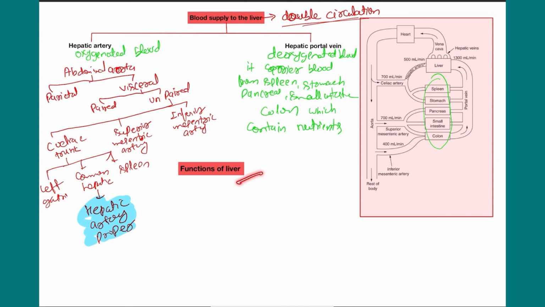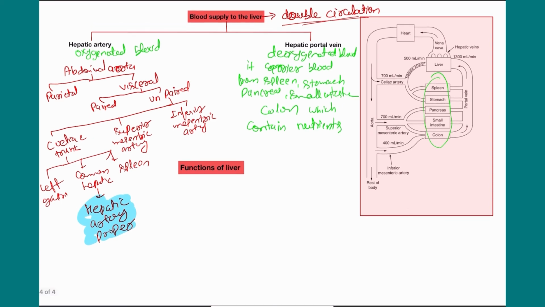Now the functions of the liver are different, because I already said in the previous video that it is the largest glandular organ, so its functions are also many. I will discuss the functions of the liver. First of all, I will discuss metabolism.